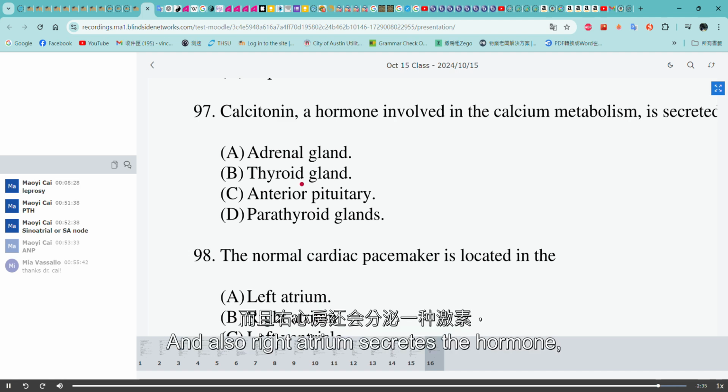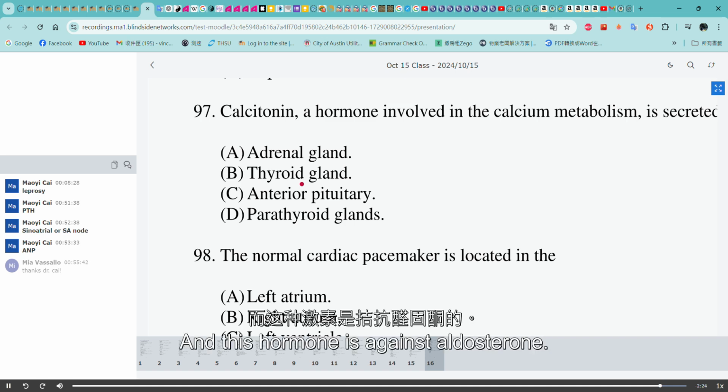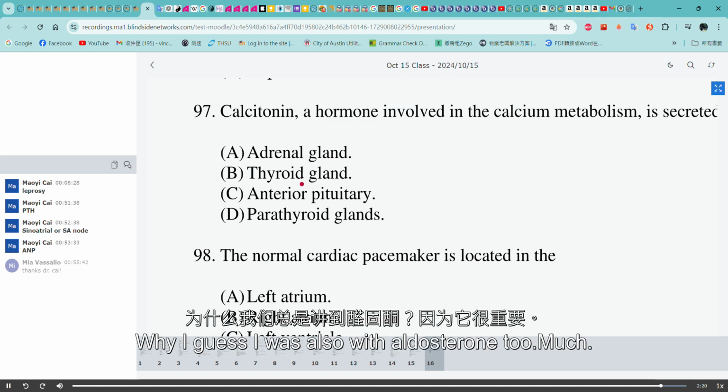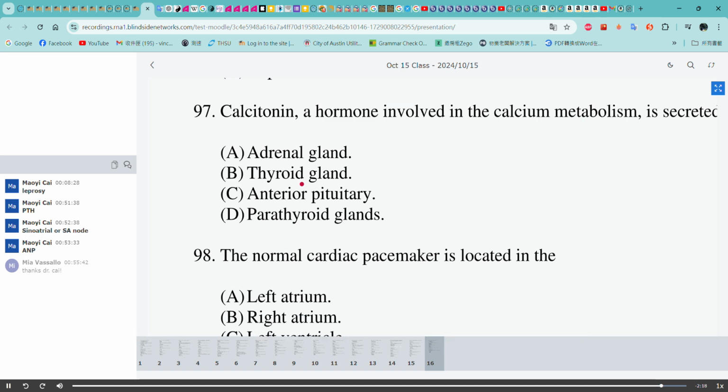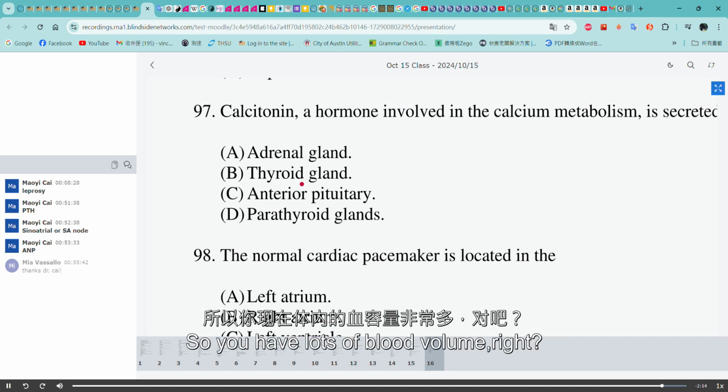And the right atrium also secretes a hormone, which is called what? Atrial natriuretic peptide, ANP. And this hormone is against aldosterone. Why against aldosterone? Well, too much aldosterone retains sodium, removes potassium, and retains water. So you have lots of blood volume, right?